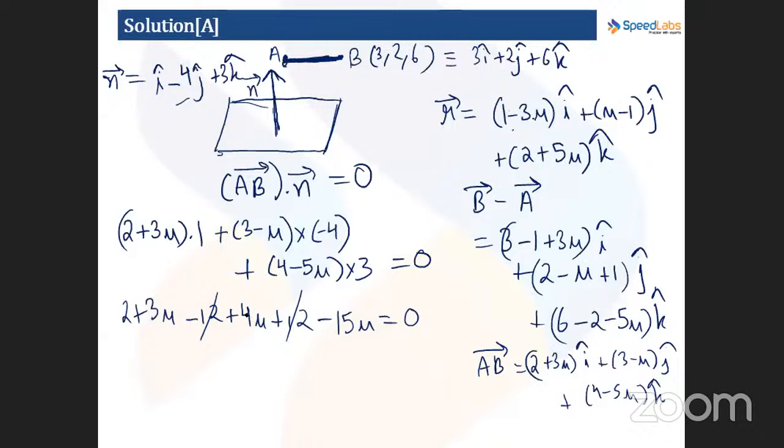So this is 3 plus 4, 7. This is minus 8 mu equal to minus 2. So mu equal to 2 by 8, which is 1 by 4.